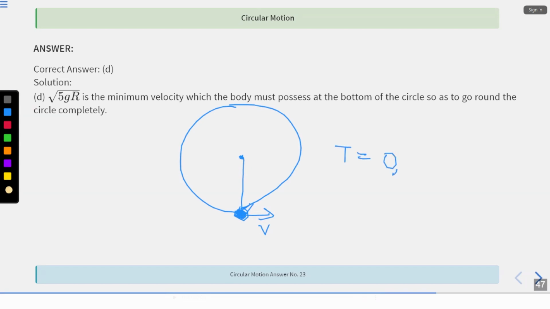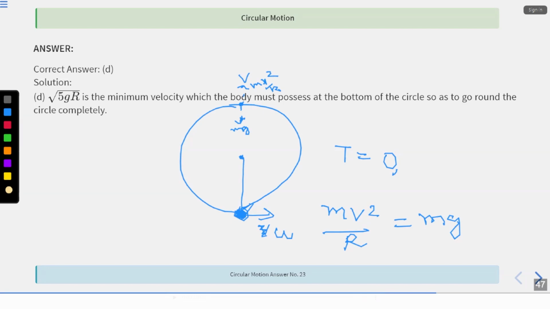And let's take this velocity v. So we can tell that m v square by r will be equal to mg, right? This is mg here.